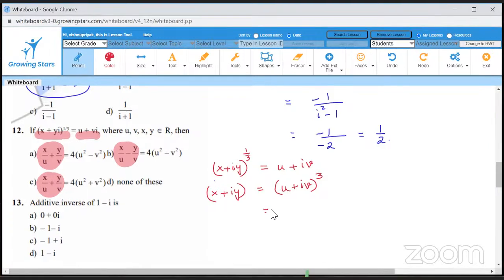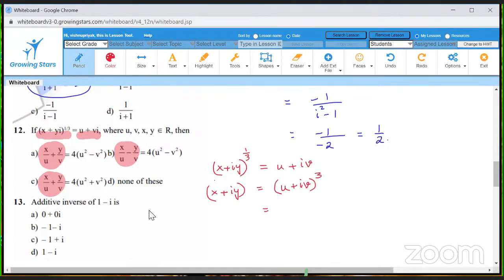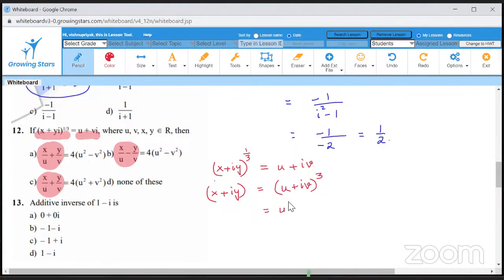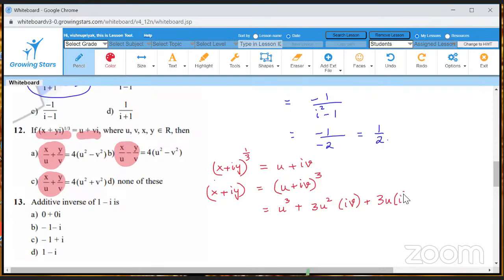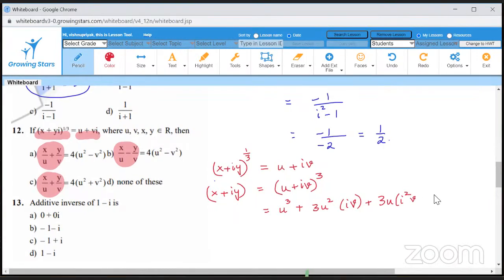So if you use the (A plus B) whole cube formula, what is the (A plus B) whole cube formula? A cube plus 3A square B plus 3A B square plus B cube.